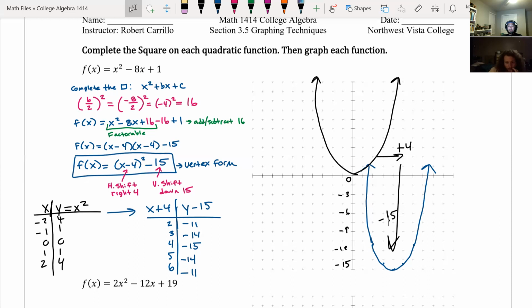With the middle term, the B term, you said that only worked if what with the A term? If it was 1 or greater? So in order to complete the square, the leading term on your function has to be 1. It has to be 1. If it's not, we have to fix it. Got it.